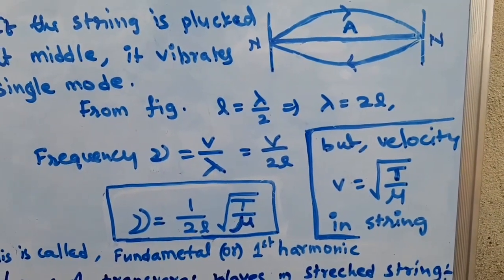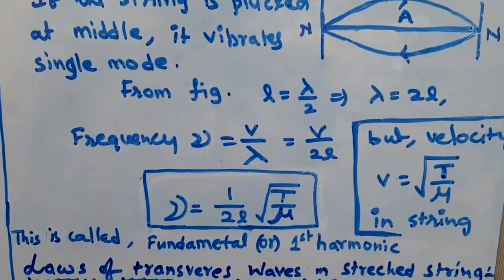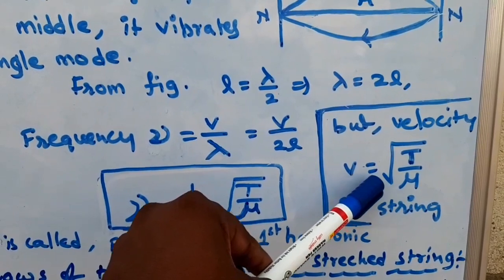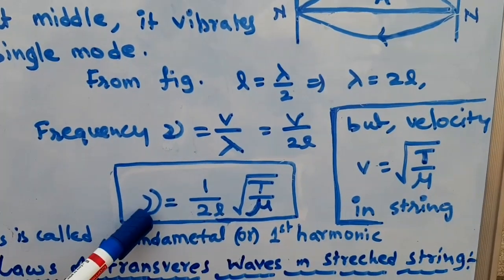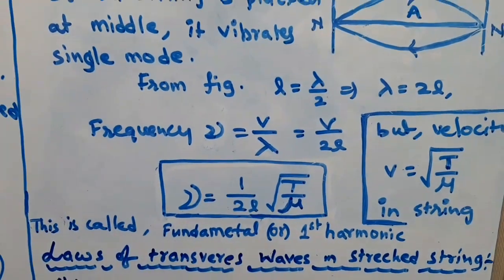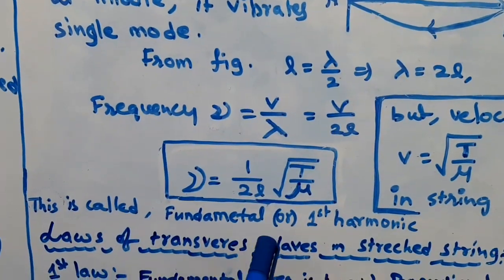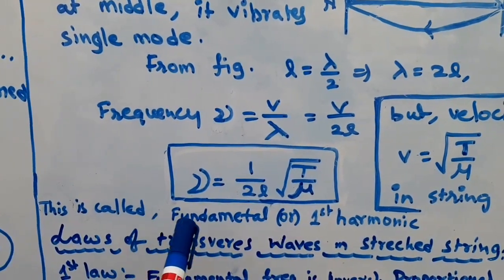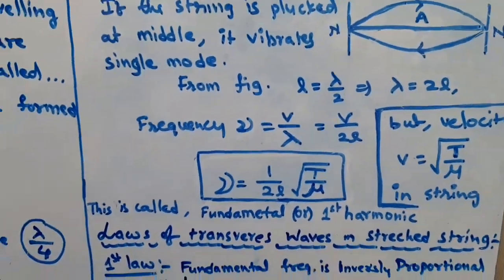Then you can replace the v value using this equation. You get n equals 1 by 2L under root of T by mu. This is called the fundamental frequency or first harmonic.